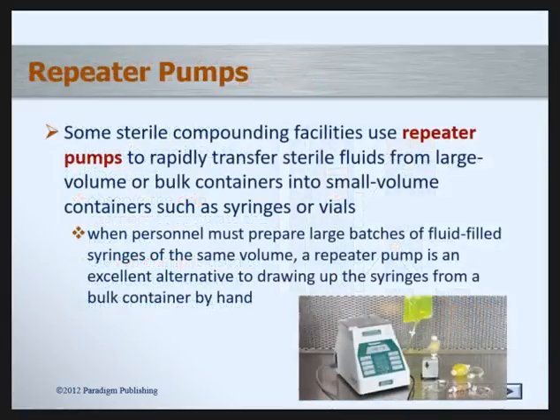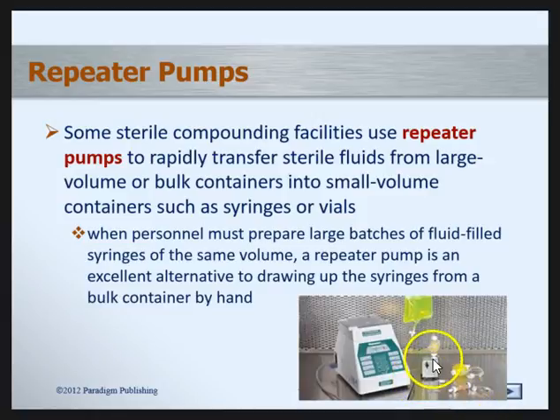Equipment includes repeater pumps. Some facilities compound with a repeater pump. It helps to rapidly transfer sterile liquids from large volume or bulk containers into smaller volume containers, such as a syringe or a vial. So we see here we've got a large volume of an IV that's been made, and it can be programmed to pump the specific amount that's wanted, and over here we have the device where you attach whatever it is you're going to fill.